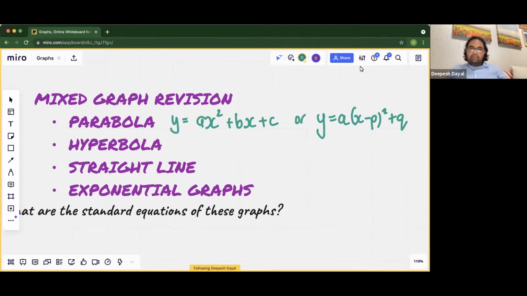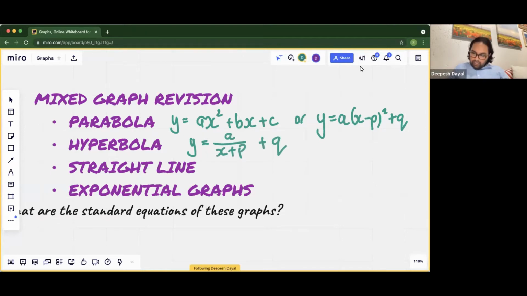Okay, what about the hyperbola? Anybody knows? What is the standard equation of the hyperbola? Hyperbola, it's difficult to write it in the chat. So the equation is y equals a over x plus p or x minus p, plus q.